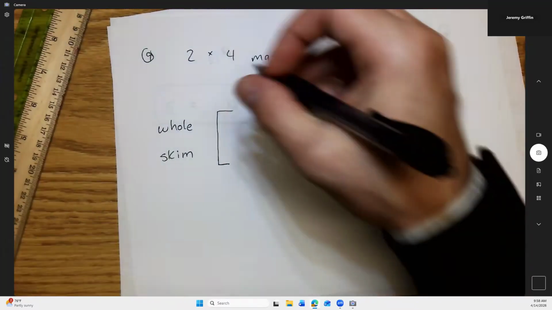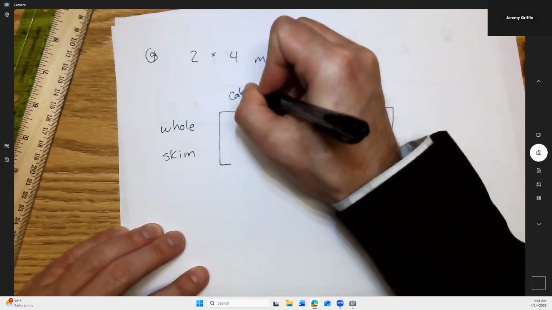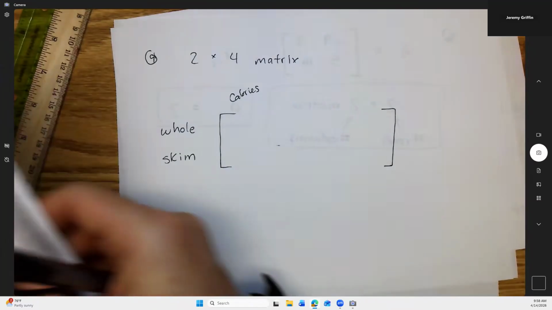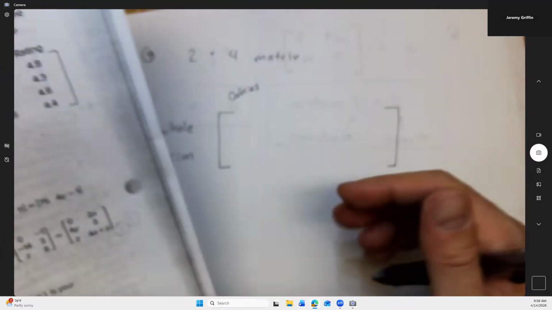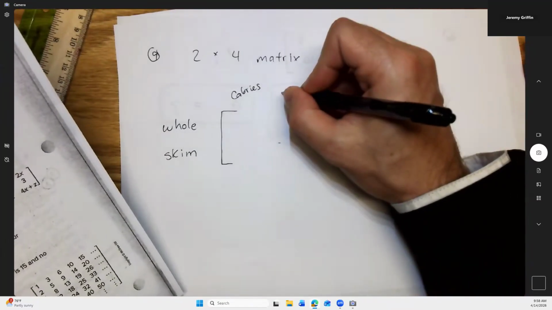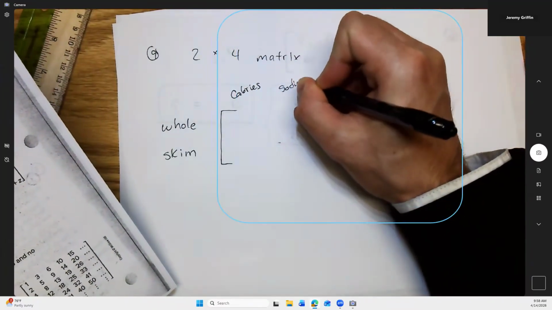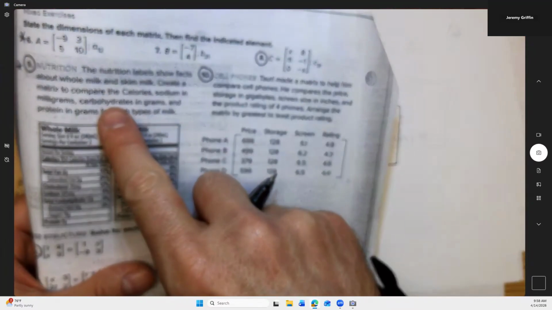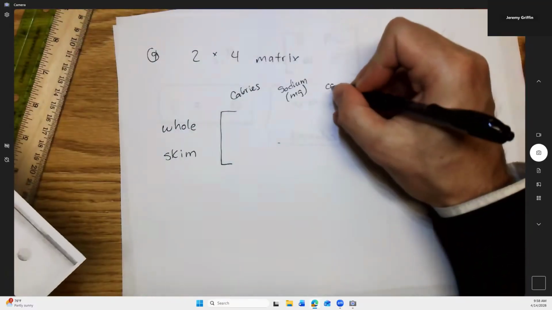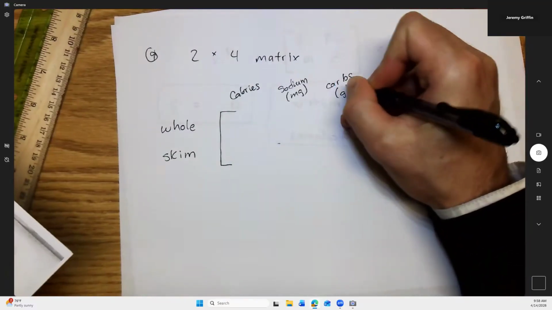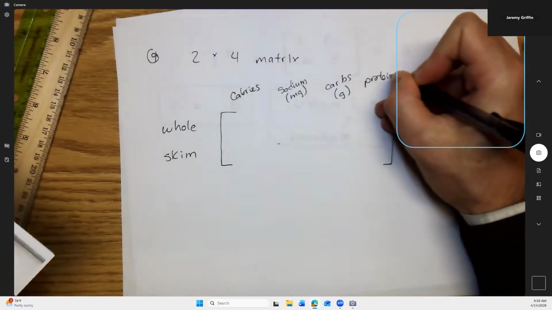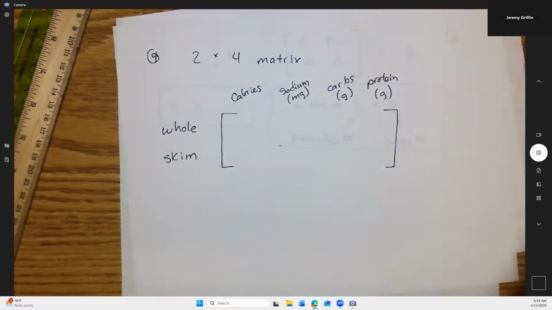So we had calories, sodium in milligrams, carbs in grams, and protein in grams. You guys got that set up?